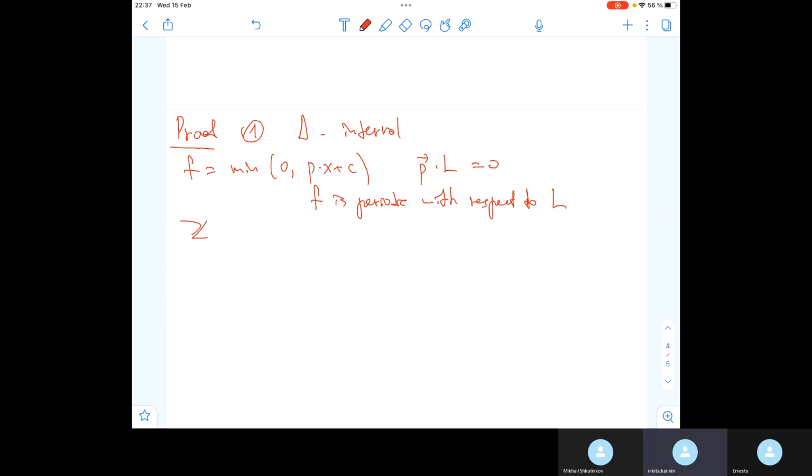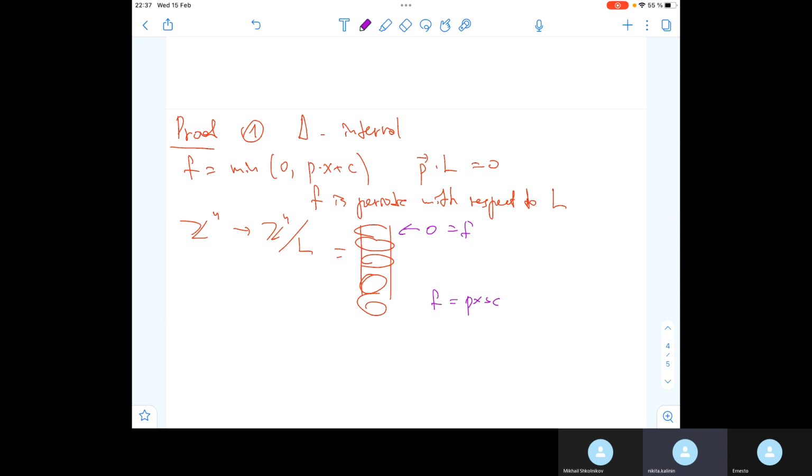So it means that instead of Z to the N, I go to Z to the N factor by L. So nothing changes because all these procedures of taking the pointwise minimum and so on can all be made periodic. And then it looks like we have a cylinder. And then I know that somewhere here my function is 0. Here my function f is px plus c.